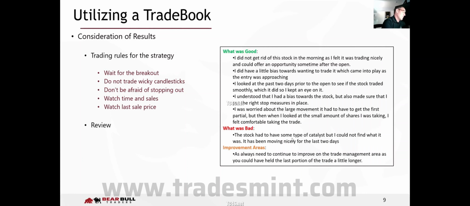So that was something that was bad in that trade. The other thing is I understood my bias towards that stock, because I wanted to trade it since I felt that it was approaching some good levels to trade off of. But I knew I had that bias and I had to address that.